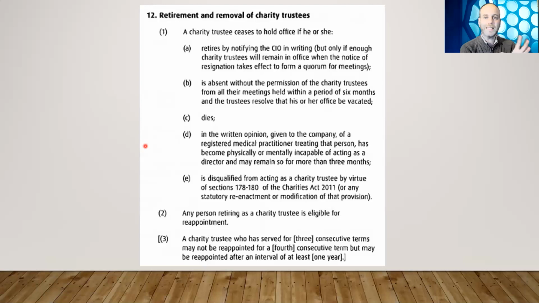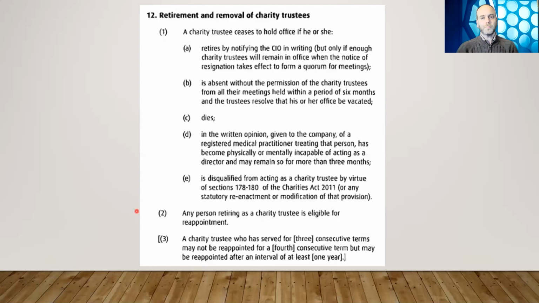It says something's happened and you are not well enough, for whatever reason, to be able to hold the office of a trustee, and it's unfair to expect you to. So if a medical practitioner says, you know what, you're not really up to this, then the charity says, okay, we're not going to expect you to do it. Have a leave of absence. Your trusteeship is paused to allow you the space and time you need to work through whatever you need to. And that seems equitable and fair.